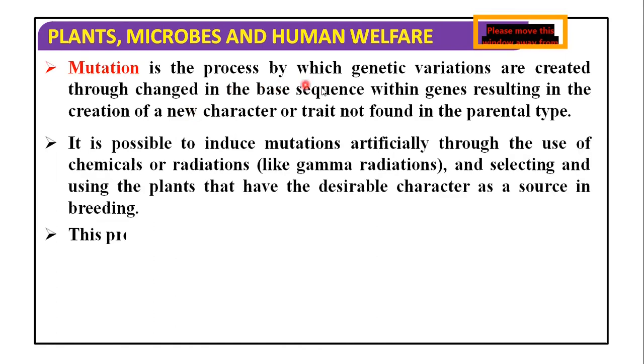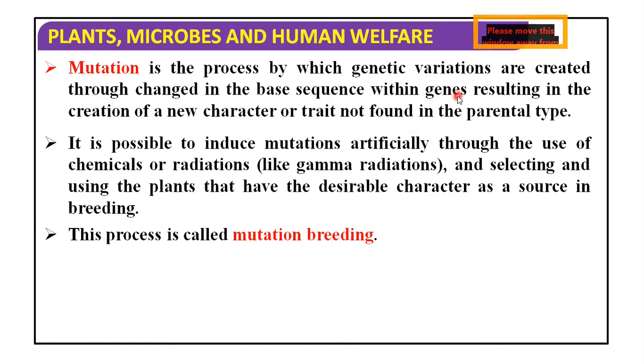Mutation is the process by which genetic variation is created through change in the base sequence within genes. Means in the genes, in the DNA, there will be a change in the base sequence, that is genetic variation, and that results in the creation of a new character. We will get a plant with a new character which is not found in the parental type. So we will get the new plant here.